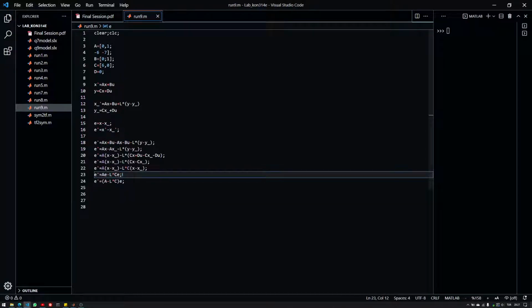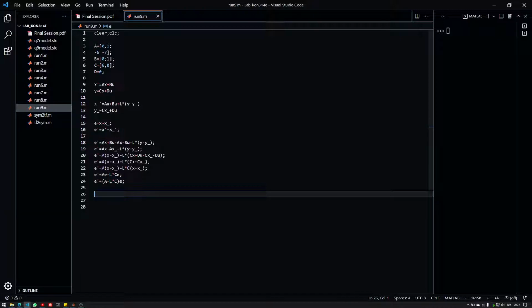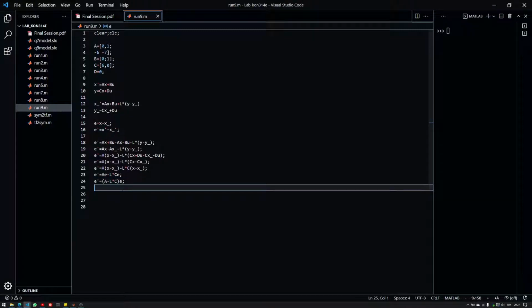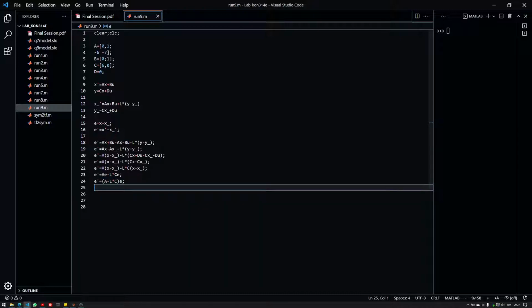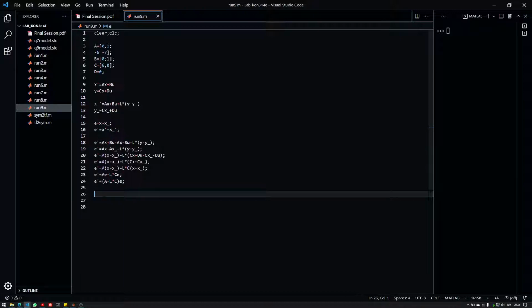Therefore, this is the error dynamic, and if this is another system, and if I stabilize the error dynamics here, what eventually will happen is that e will tend to 0, because that's the definition of stability of an autonomous system. So therefore, if A minus LC is stable, then e tends to 0.